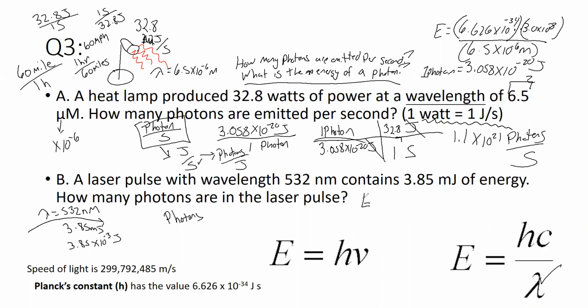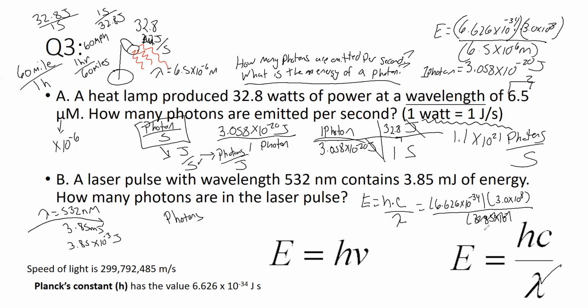The energy of a photon equals Planck's constant times the speed of light divided by wavelength, which is 6.626 times 10 to the minus 34, multiplied by 3.0 times 10 to the 8, divided by our wavelength. Whoops, 3.85 times 10 to the minus 3 is millijoules. That is not the wavelength.